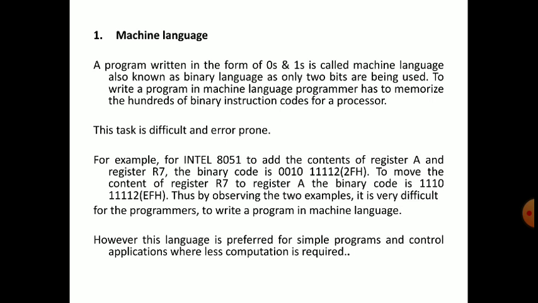That means it is binary data. So the first data, 0010 1111, is 2FH, and 1110 1111 is EFH.